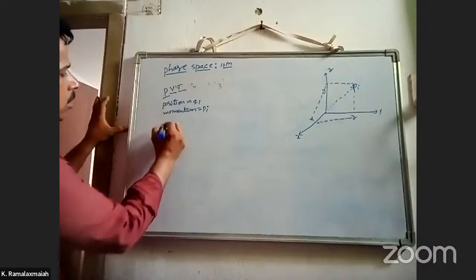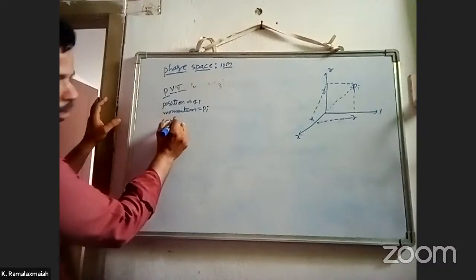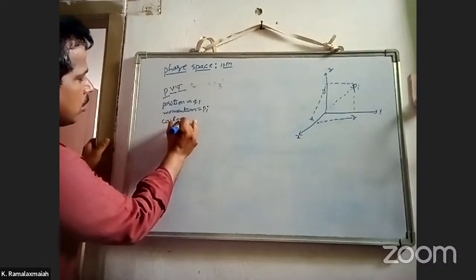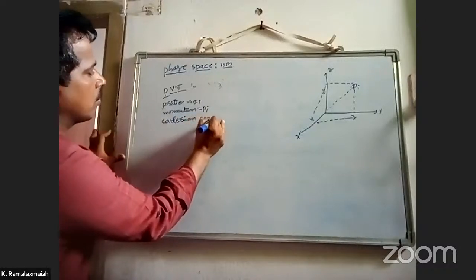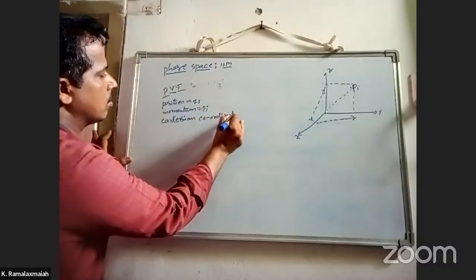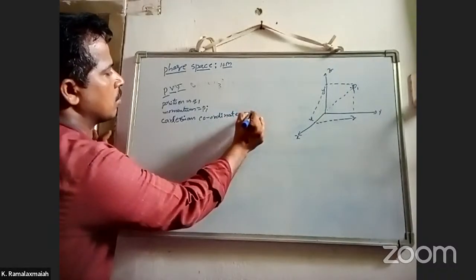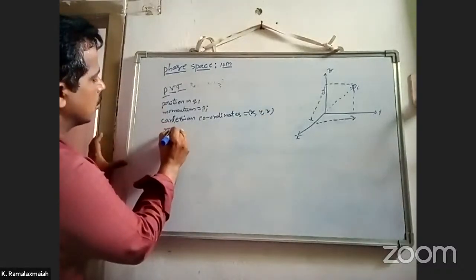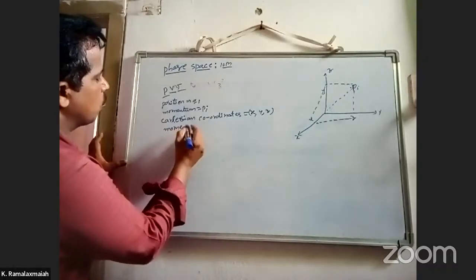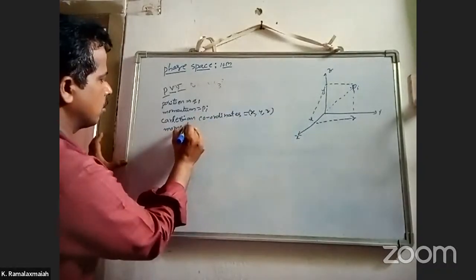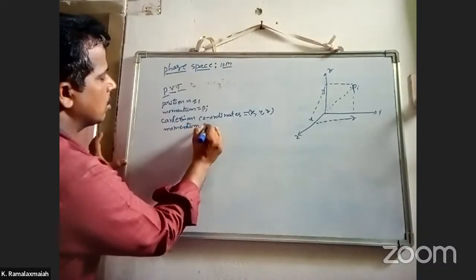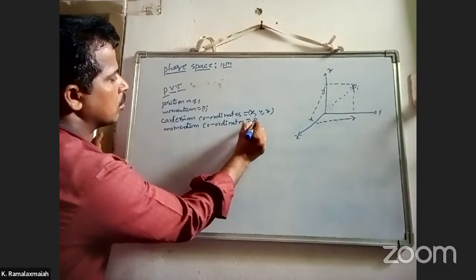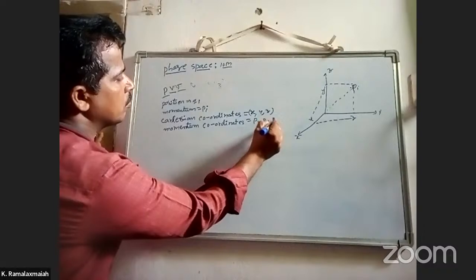Cartesian coordinates equal to X comma Y comma Z. Momentum coordinates Px, Py and Pz.